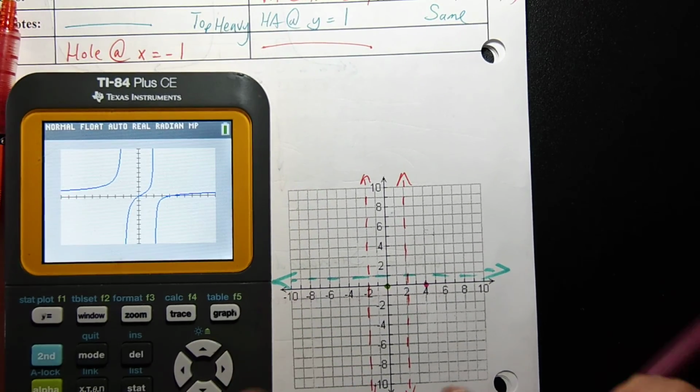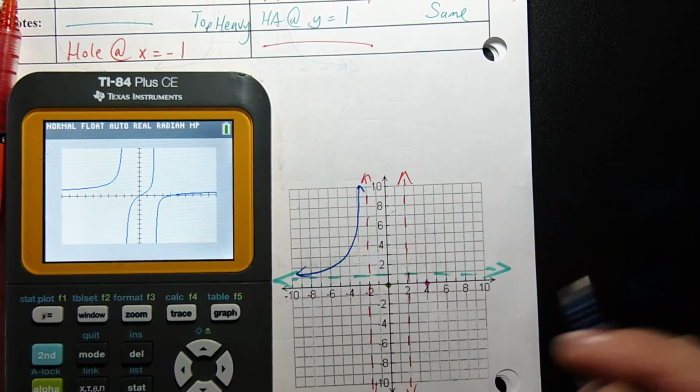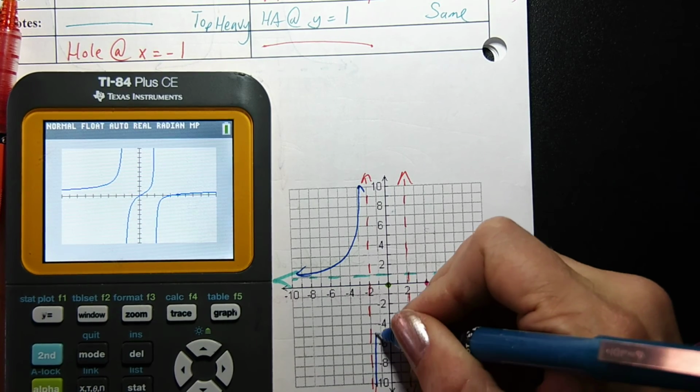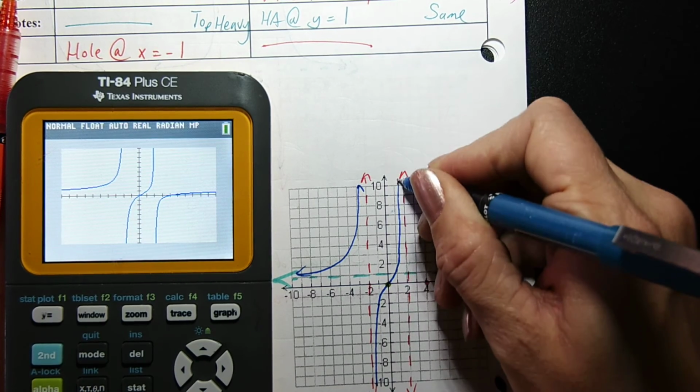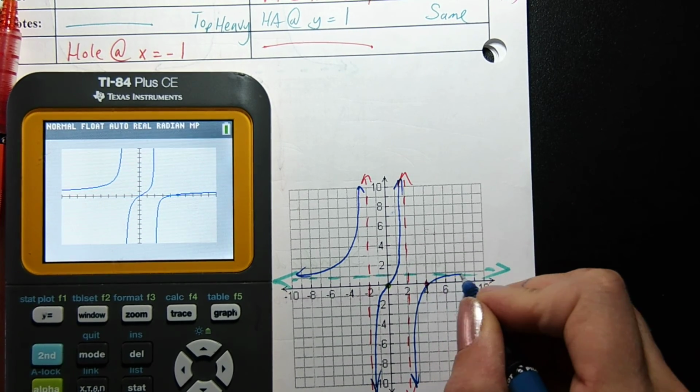And we can swoosh up to the asymptote, swoosh through that point, swooshing down towards that asymptote.